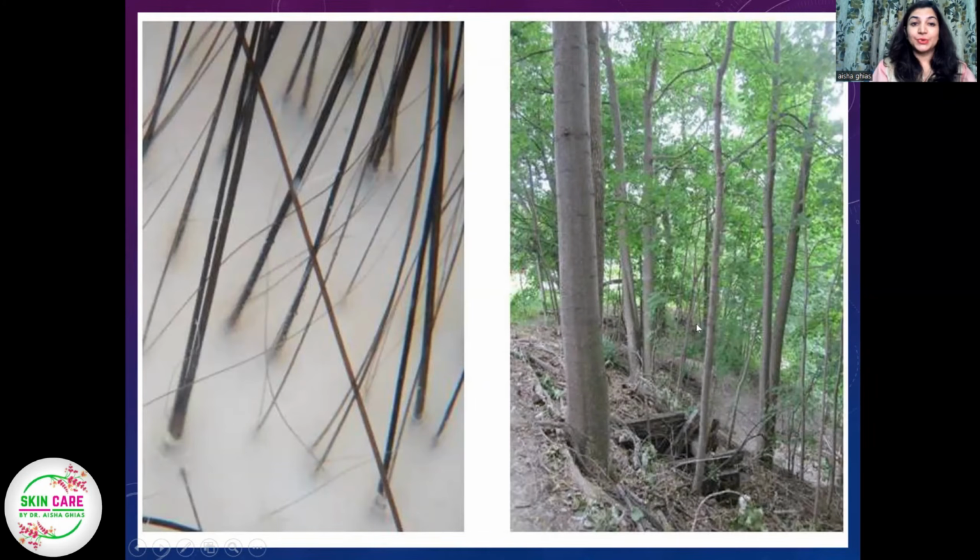And there you go. There you know that the different caliber of hair was the main thing. This is called heterogeneity of the hair thickness. So heterogeneity in the hair thickness is the diagnostic marker on trichoscopy for androgenic alopecia.